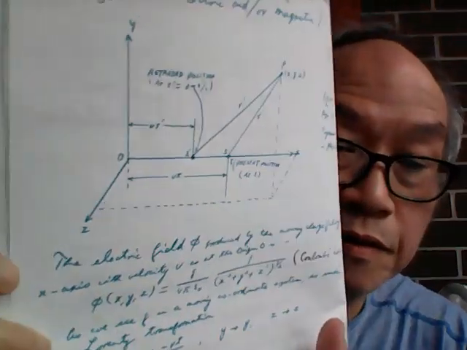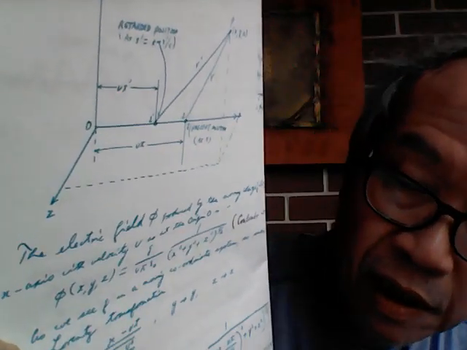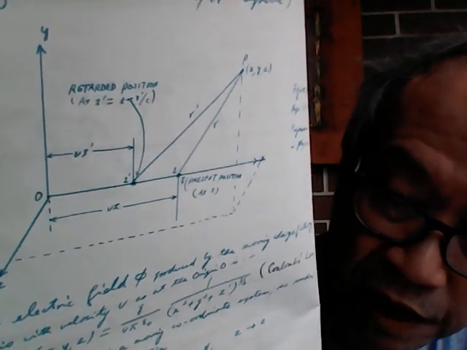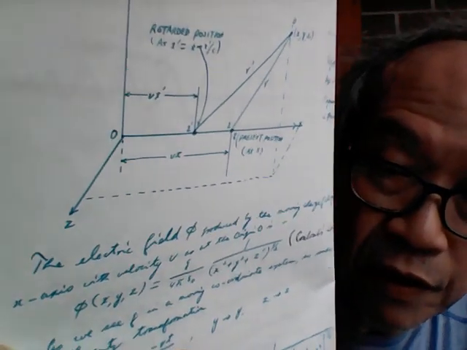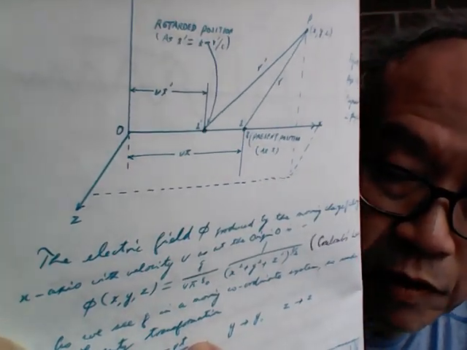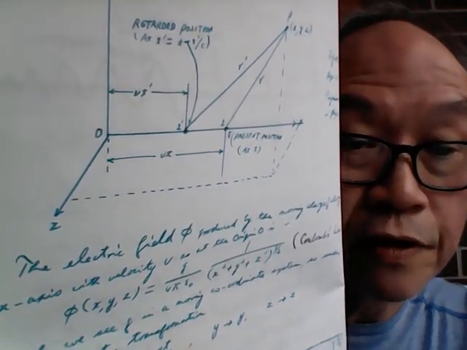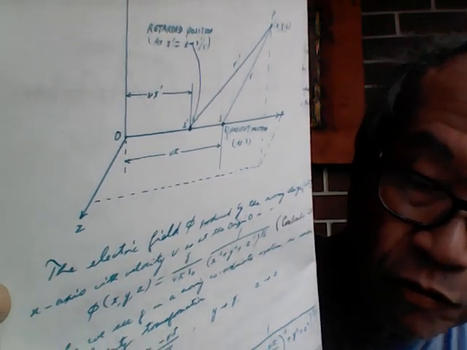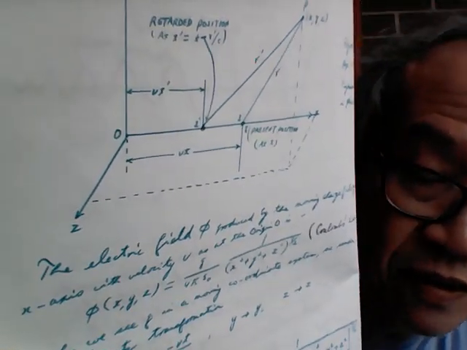Now it's in a moving coordinate system. So under the Lorentz transformation, x becomes x minus vt, that is the velocity of the moving charge times the time under which the charge has moved, divided by the square root of 1 minus v squared divided by c squared.